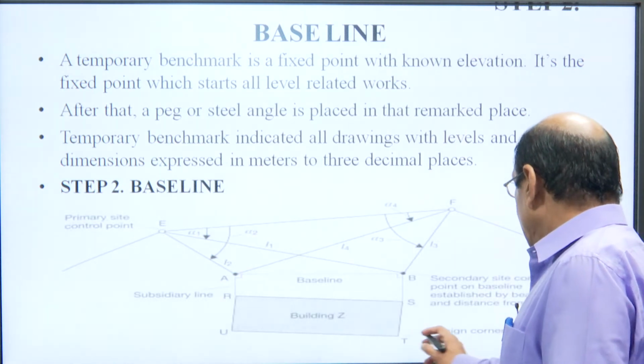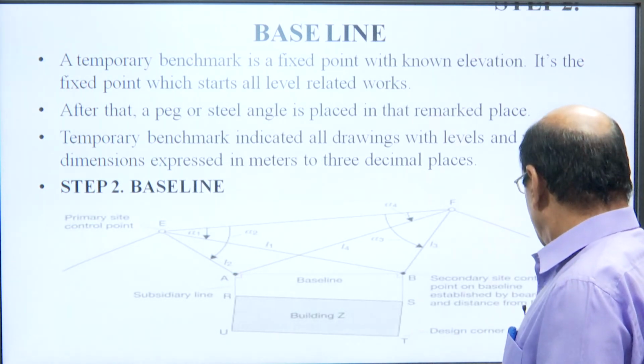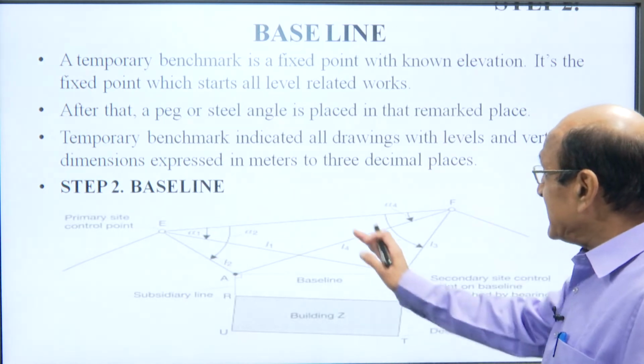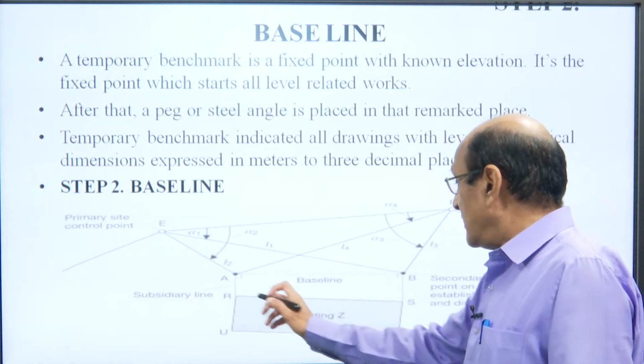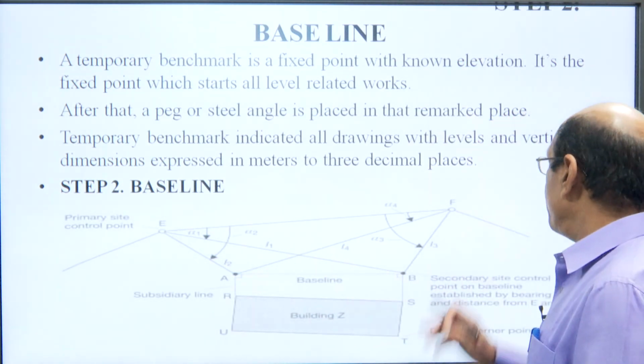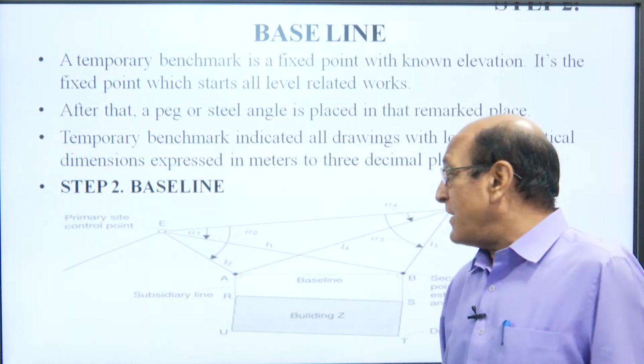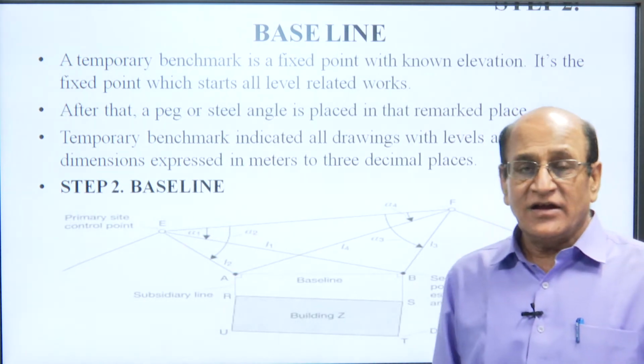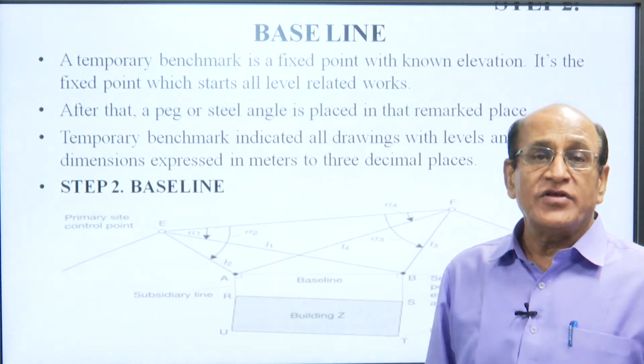So, T is the design corner point. This is the baseline which is A and B. So, we can easily mark the baseline, it should be on the horizontal plane.